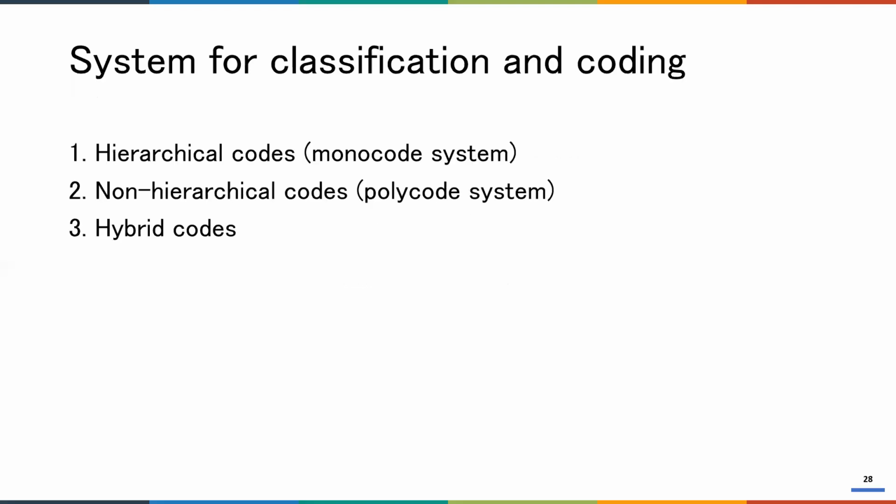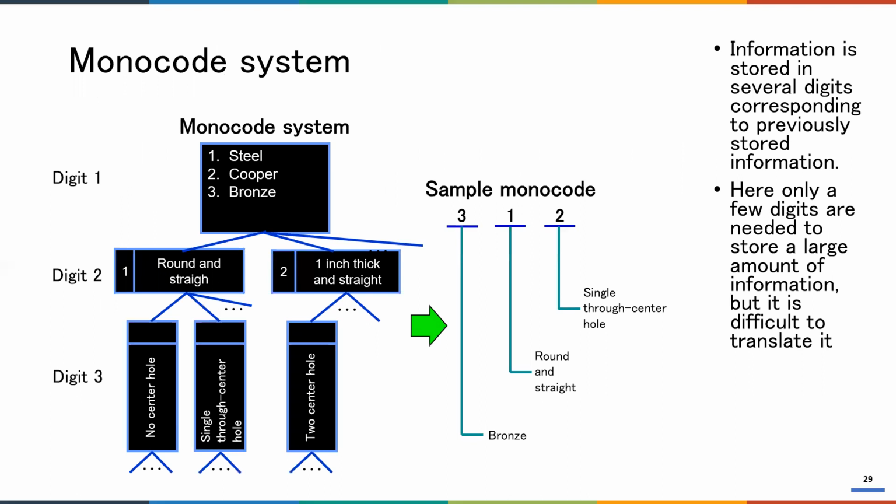And for the coding itself, there are 3 types of code: hierarchical codes, non-hierarchical codes, and hybrid codes. In the hierarchical code, we make the rules based on a hierarchy. How you make the hierarchy is up to your company, and each level of the hierarchy explains a different type of classification.